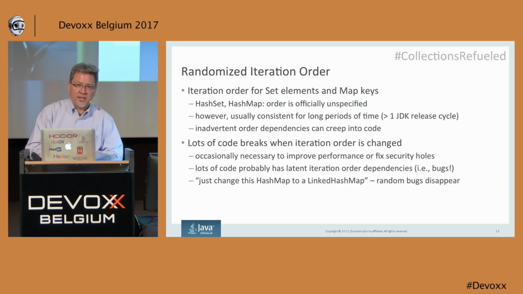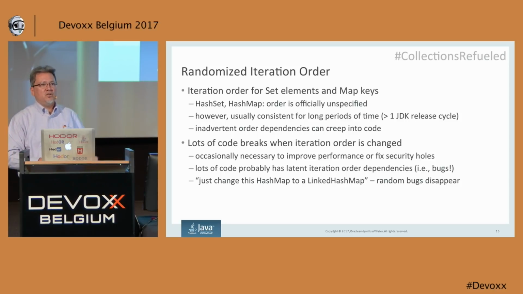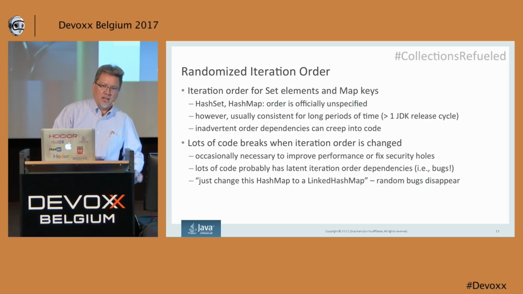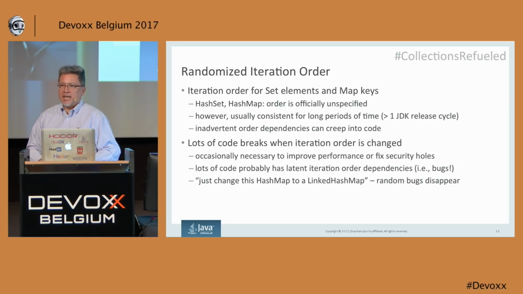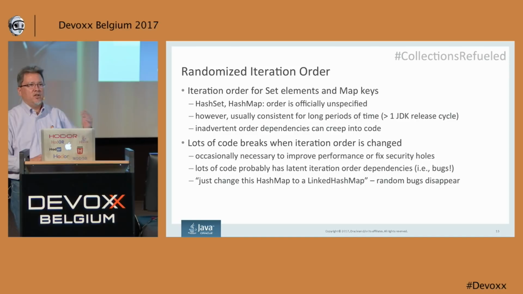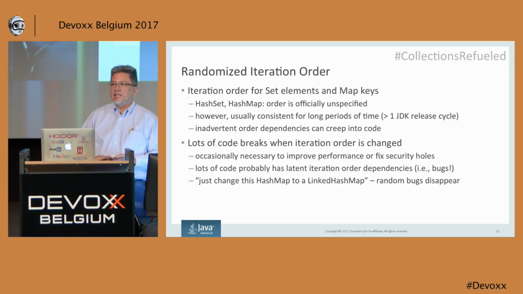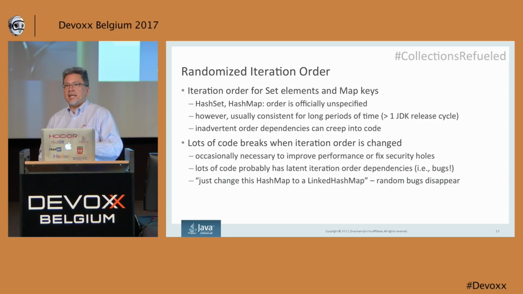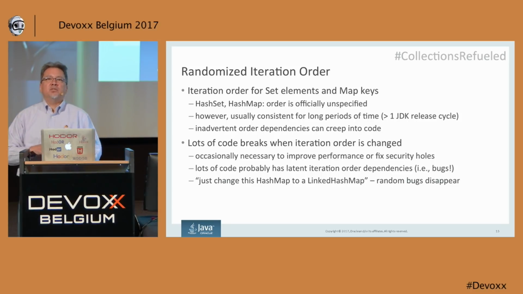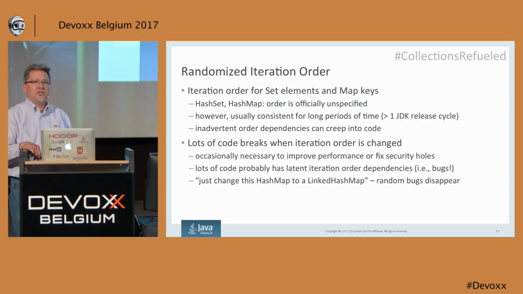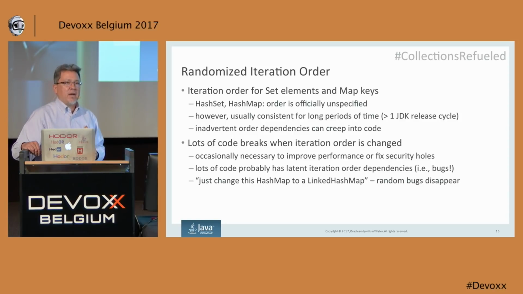All right, so that's the history. These are brand new collection implementations in Java 9. So by definition, nobody can have any order dependencies on them. And so for the new set and map implementations, we actually randomize the iteration order of set elements and map keys.